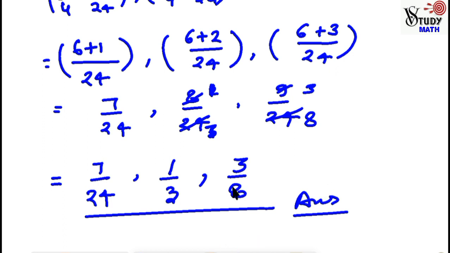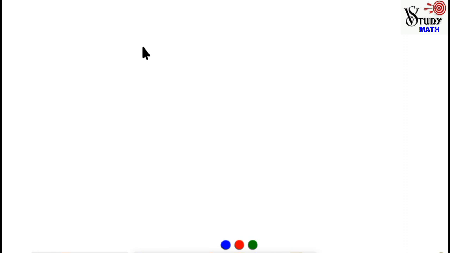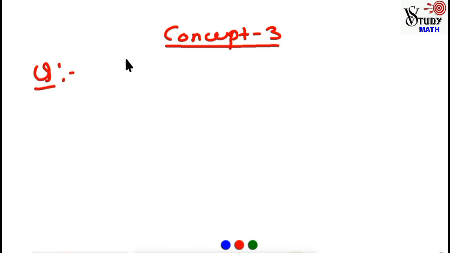Now let's move to concept number 3. Concept 3 is the alternative method of concept number 2. So again I'll teach you that concept with the help of an example.